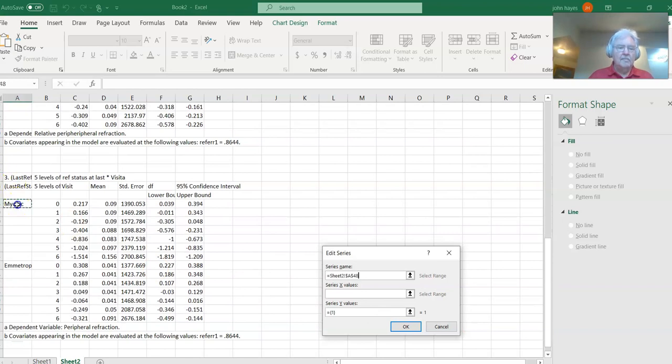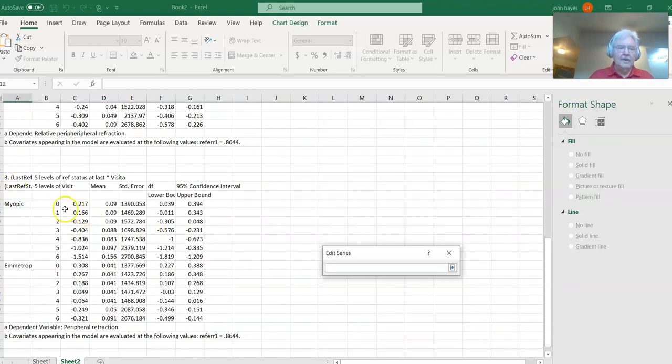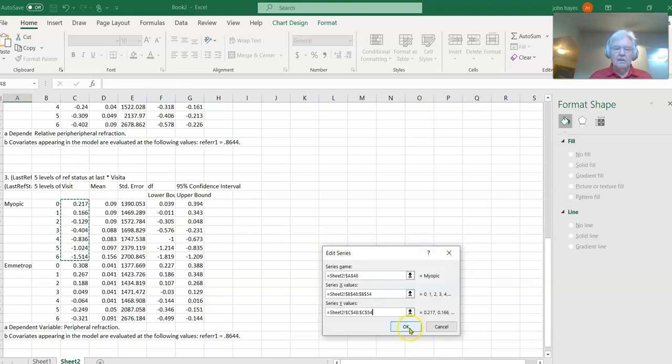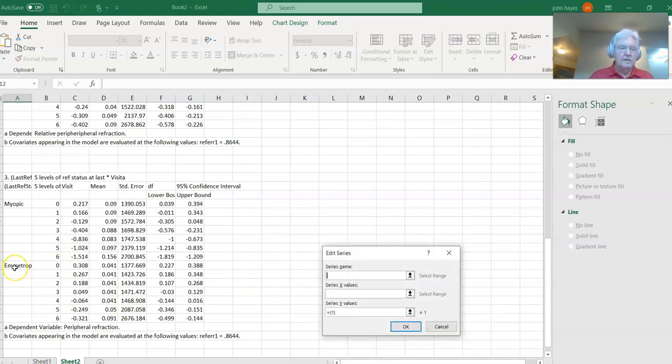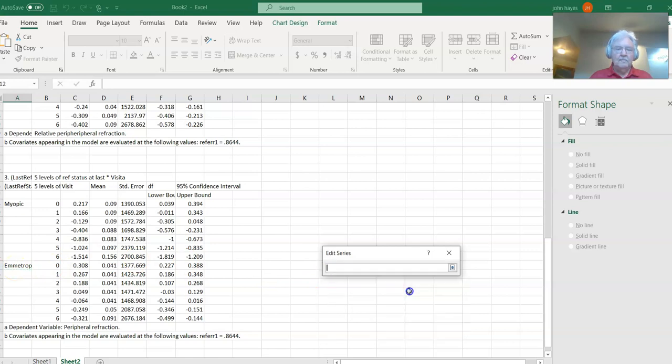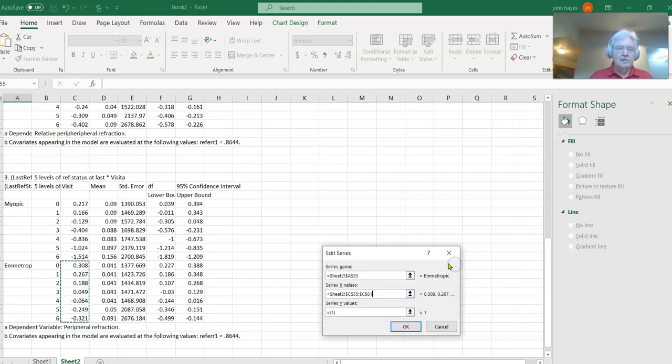Let's give it a name. Go to X. Go here. Okay. Add. Symmetry. That was not right. Is it?